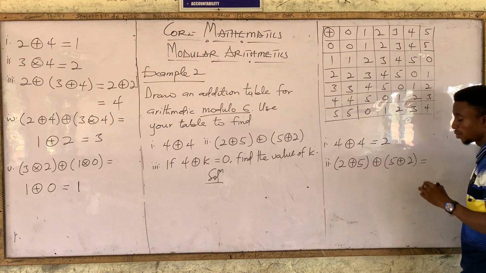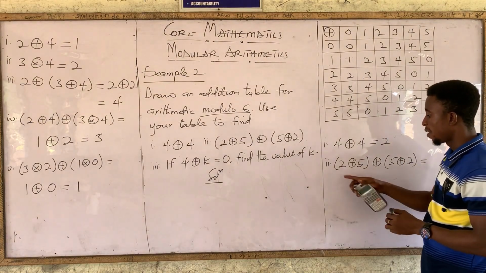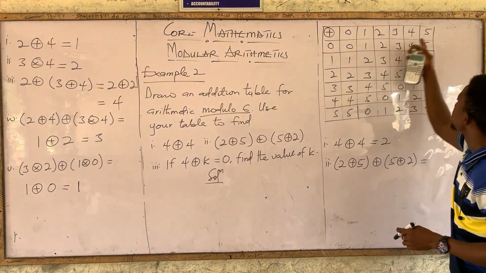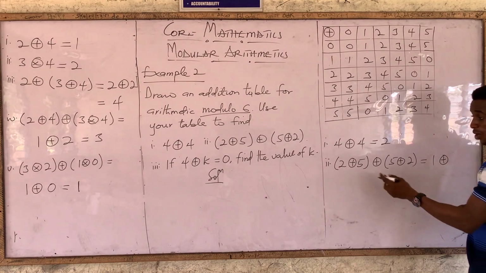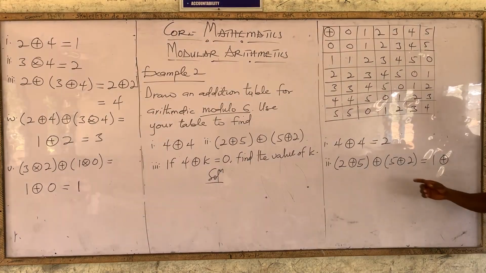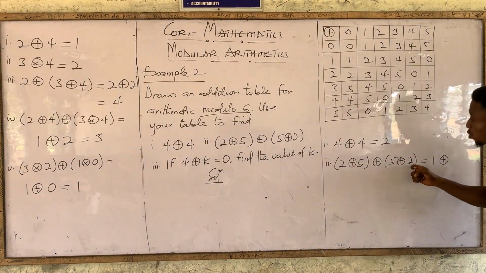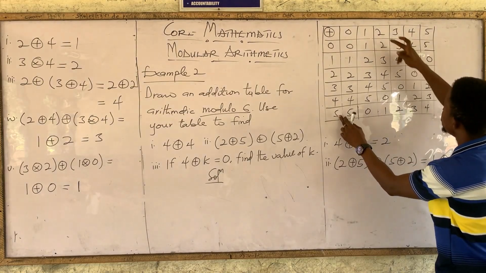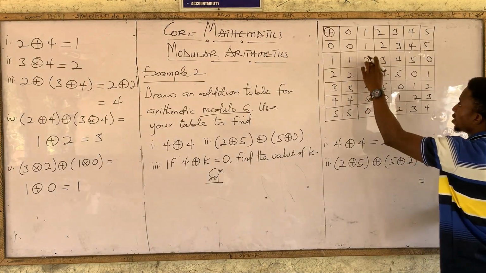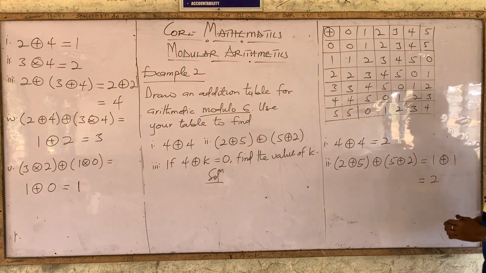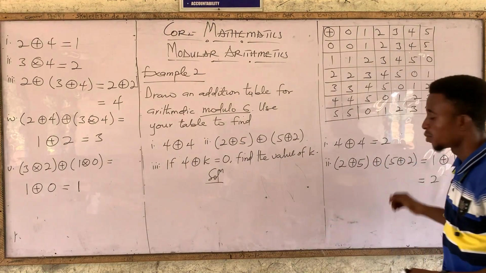So 2 plus 5 is equal to 1, then plus, because we said bracket first, 5 plus 2 is also 1. Then 1 plus 1 is getting us 2. Are we getting that? So that is that for this one too.